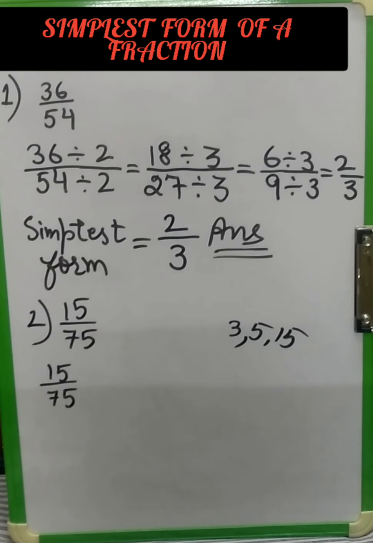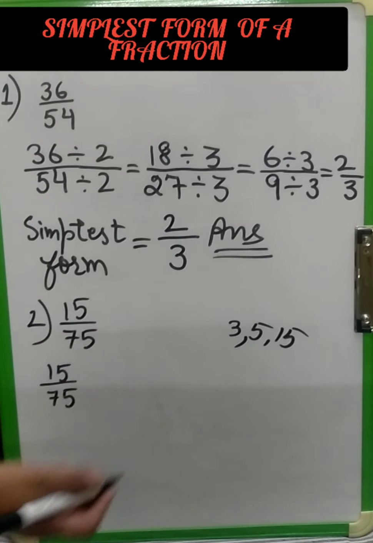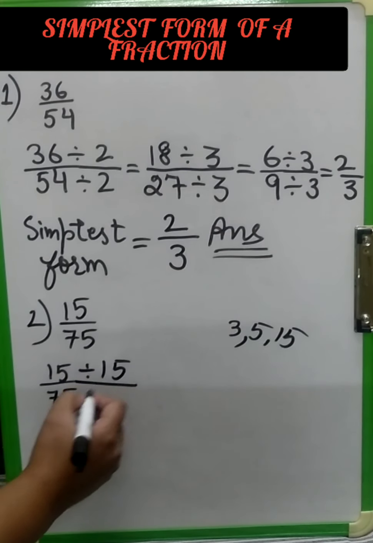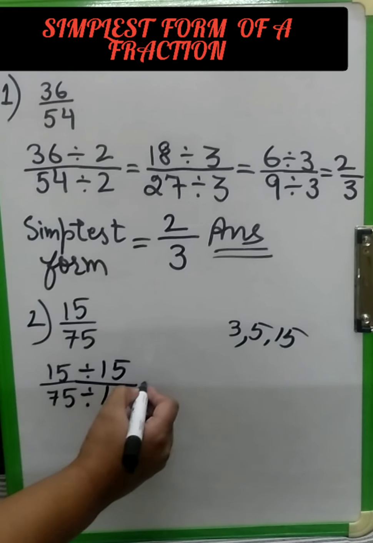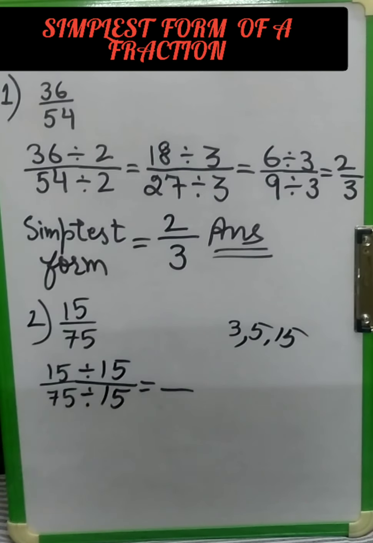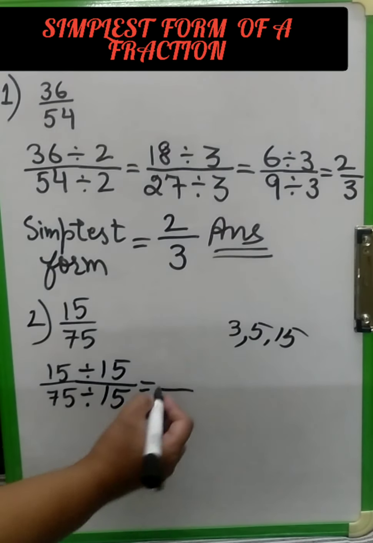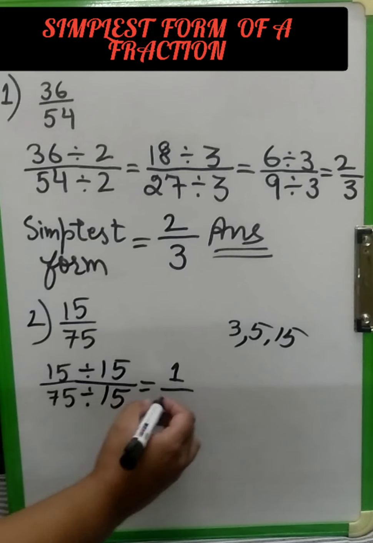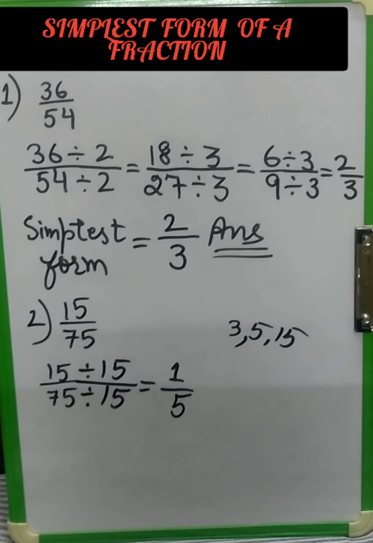In example number 1 we divided step by step. Now I am directly going to divide by 15. 15 divided by 15 is 1, and 75 divided by 15 will be 5.